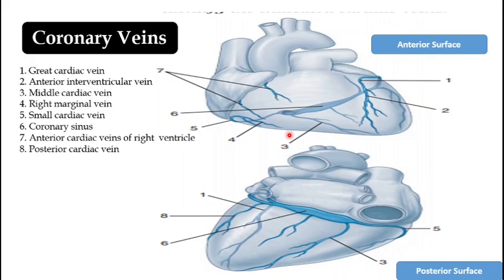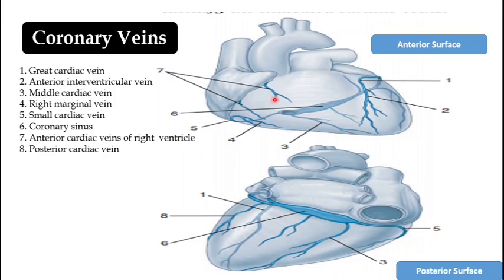But there are some coronary veins which drain directly into the right atrium, and these are the anterior cardiac veins.